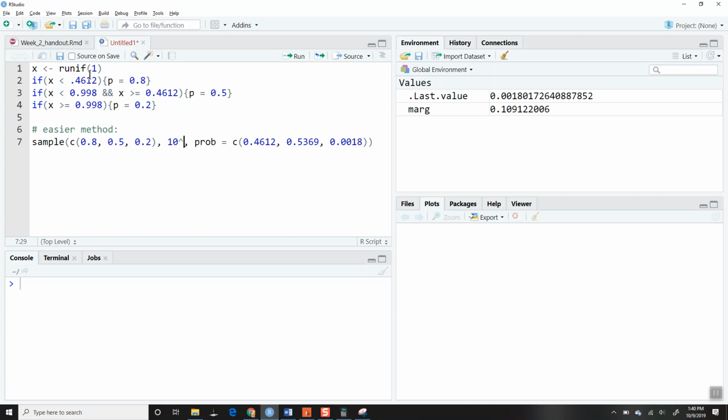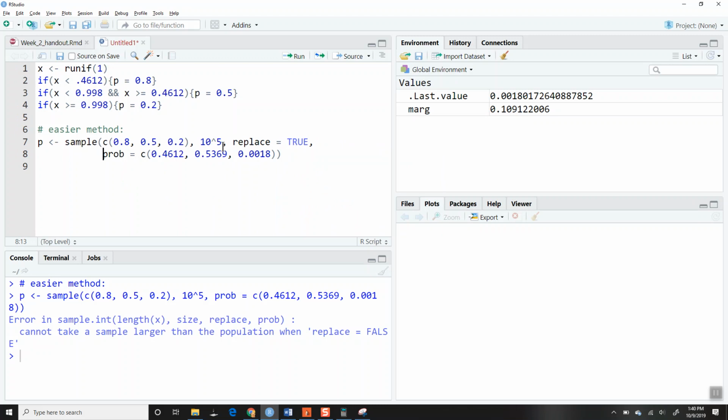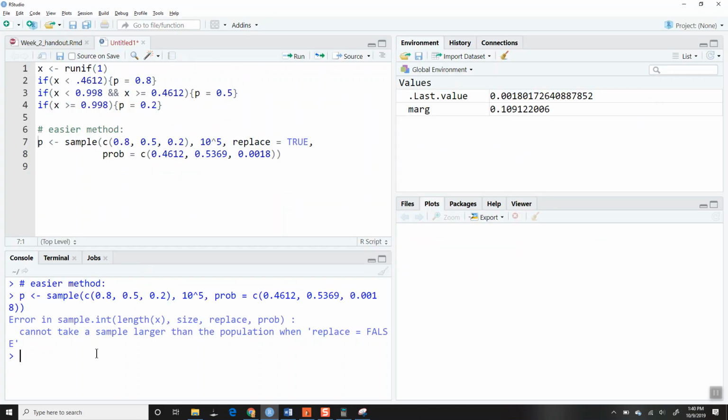So here I can just demonstrate. I can say p is going to be the result of something. Sorry, we need that. So you're going to sample 0.8, 0.5, 0.2 with, that's weird. Did I do something wrong?